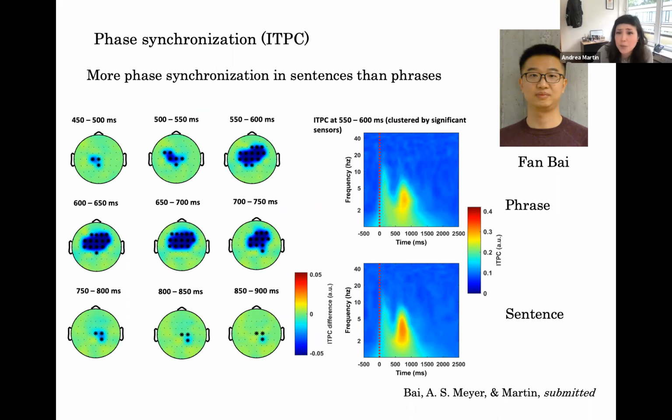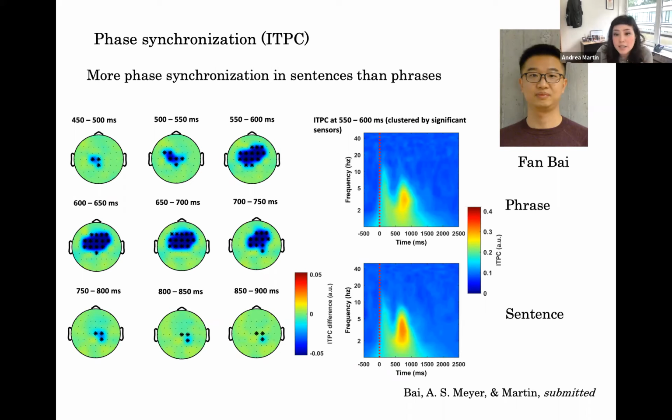And what Fan found was that the phase synchronization between sentences and phrases was clearly different, with more phase synchronization for sentences than for phrases. So this is a coarse-grained prediction of a system organized the way DORA is, where phase sets are distributed codes that fire in a temporal pattern with one another. For example, a word in relation to another word that are both in relation to a phrasal node or representation.